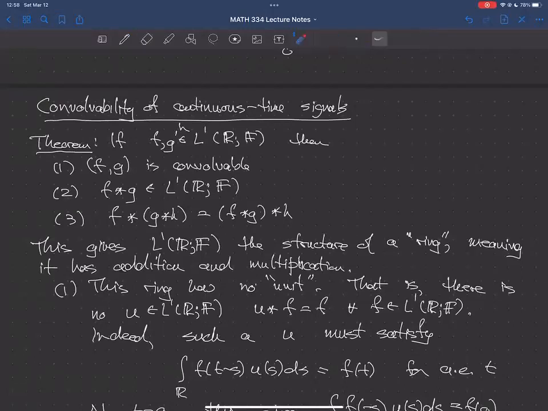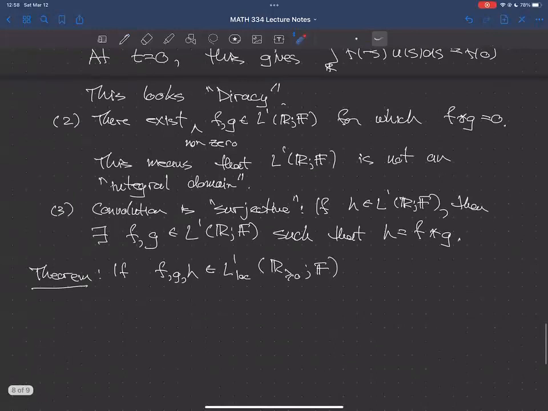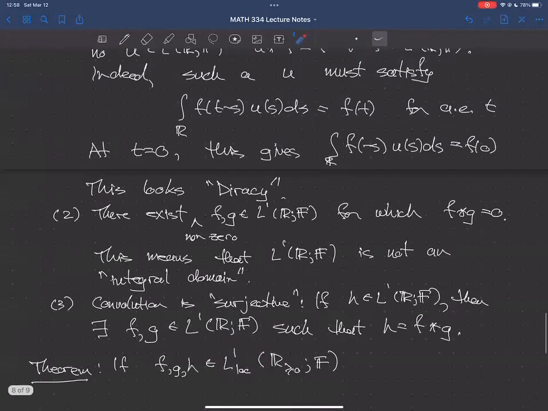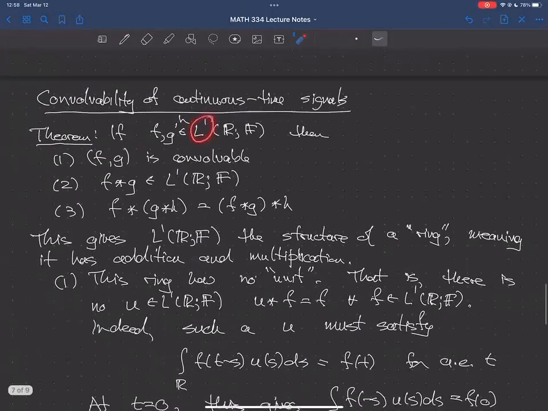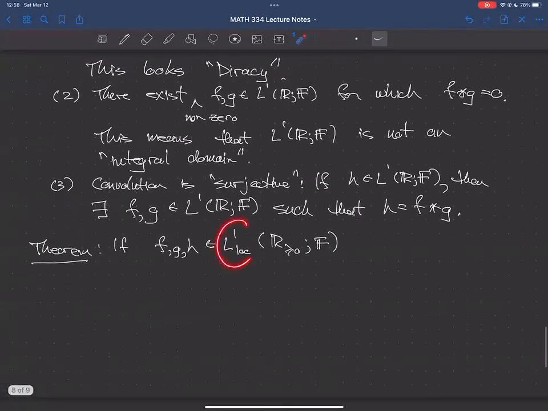One is I'm restricting the class of signals in the way that I'm not considering signals defined on all of R, but only those defined for positive times. But by doing that, I gain enormously in flexibility by extending from L1 to L1 loc.